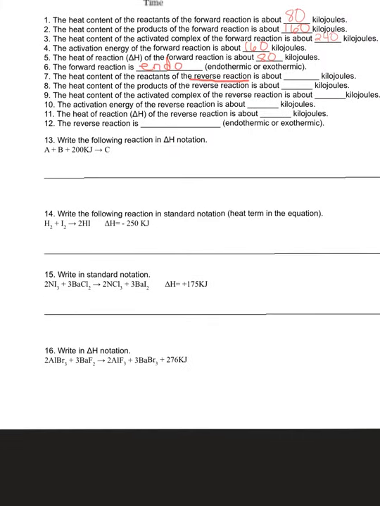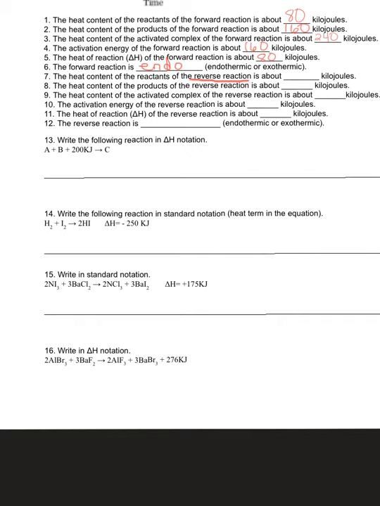Write the following reaction in delta H notation. Delta H notation is rewriting this reaction, but taking that 200 kilojoules out of the equation and writing it off to the side.